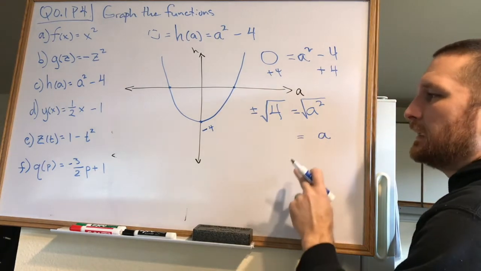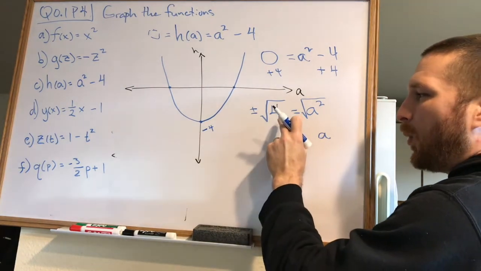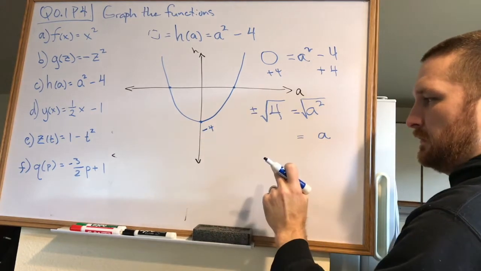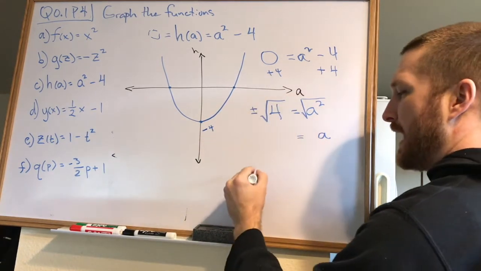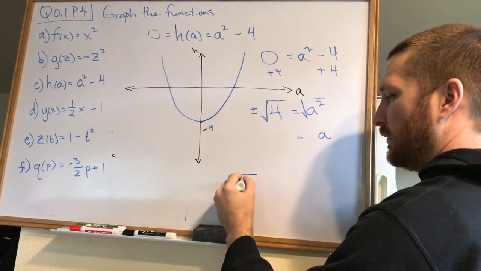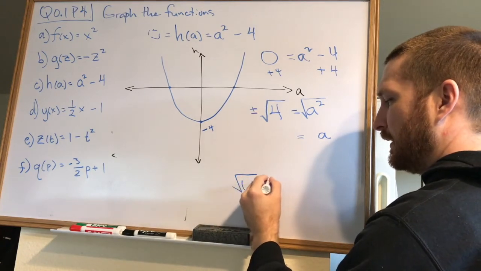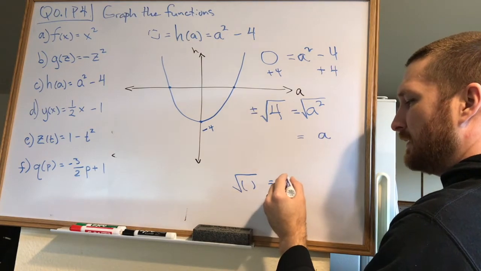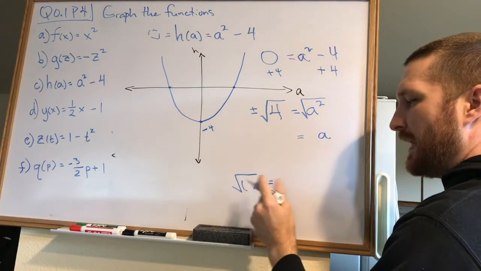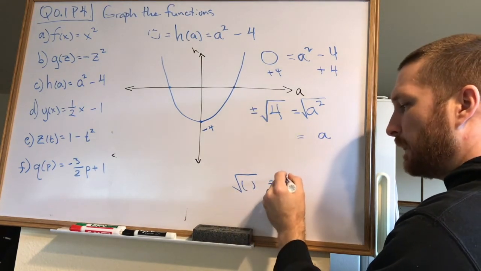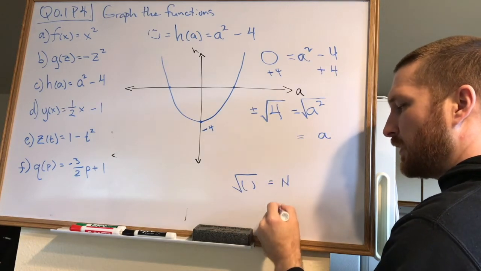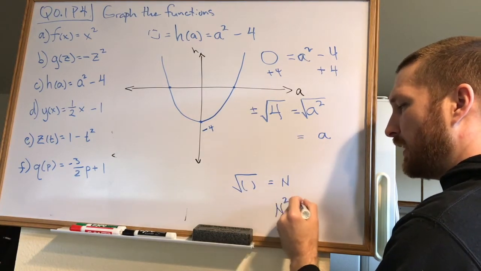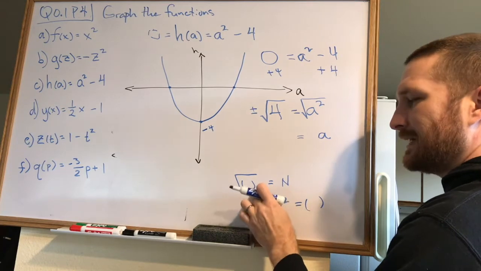What we're asking here is, what number, right? The square root of something says there is a specific number that, when you square it, gives you whatever is in there.